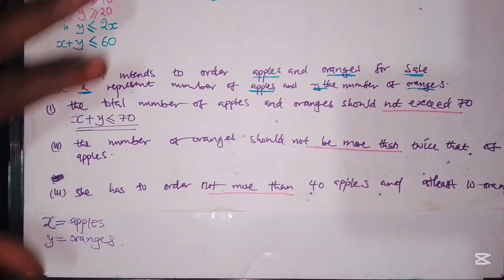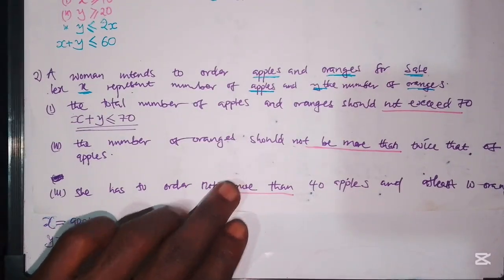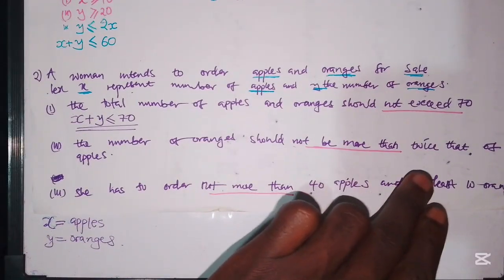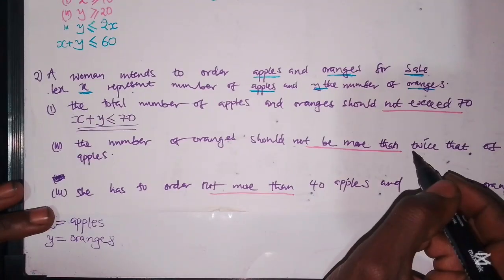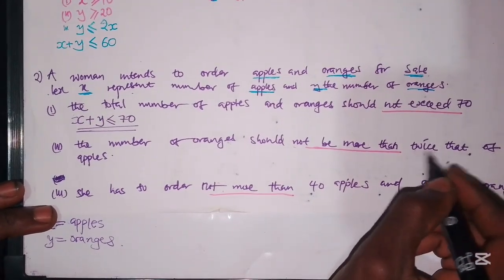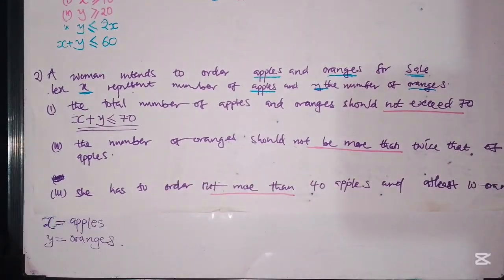The next one is: the number of oranges should not be more than twice that of apples. You can see that these questions just repeat, and they just change the language, but everything is the same. We said that whenever you hear the word twice, you just have to put a 2 in front of what you have been given.